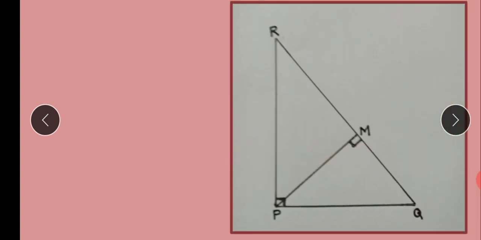And if you look at the figure, this figure is similar to the Pythagoras theorem figure. There is a right angled triangle RPQ, and PM is drawn perpendicular on the hypotenuse. So we get two right angled triangles within the given right angle.